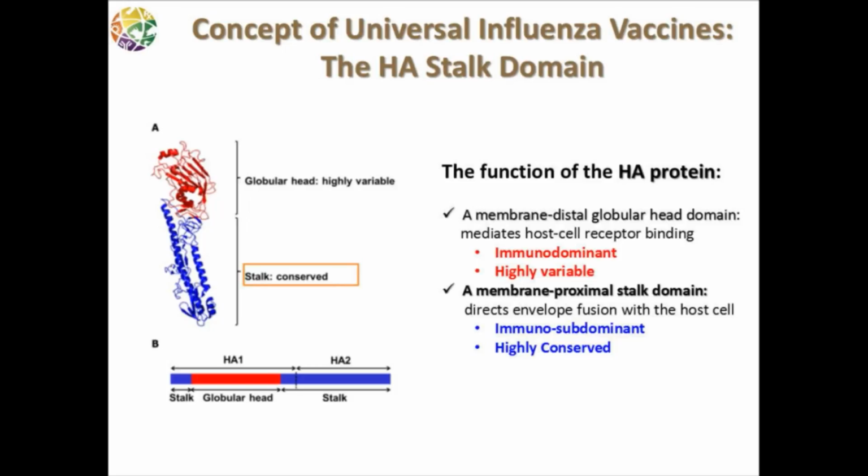The globular head is responsible for attachment of the virus, and the Stalk domain is responsible for virus fusion with the cell membrane. The Stalk domain is, as I mentioned, conserved and immunosubdominant, but at the same time there are some epitopes present at this domain, and in theory they provide broader cross-protection against different variants of influenza.